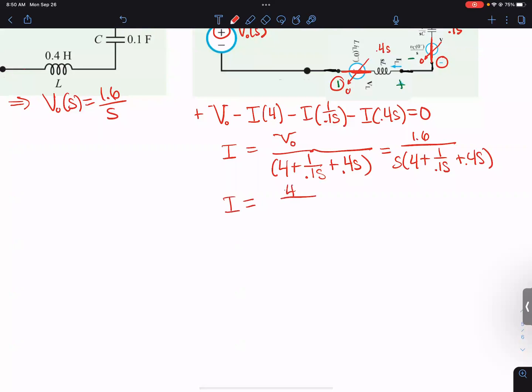So we have 4 over S squared plus 10S plus 25, which is 4 over S plus 5 squared.